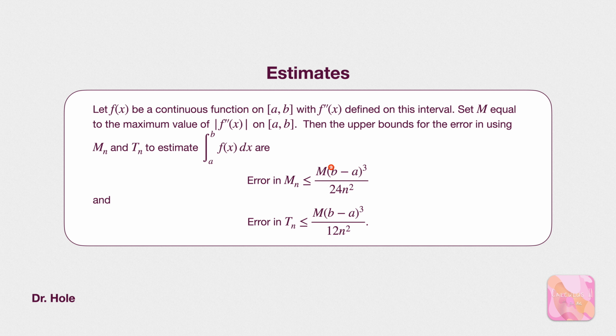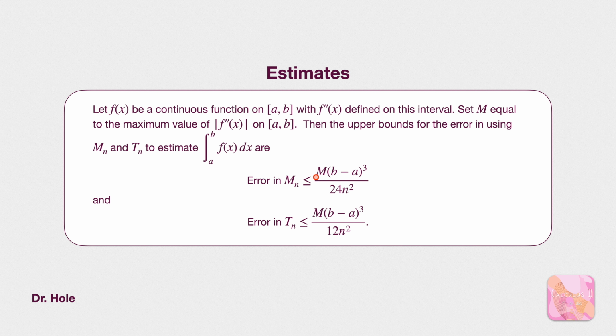Take a look at the bound. The bound on each involves a capital M. That capital M multiplies the length of the interval raised to the power 3. That's the numerator in both cases. In the denominator, there's the number n raised to the power 2 multiplied by a constant.